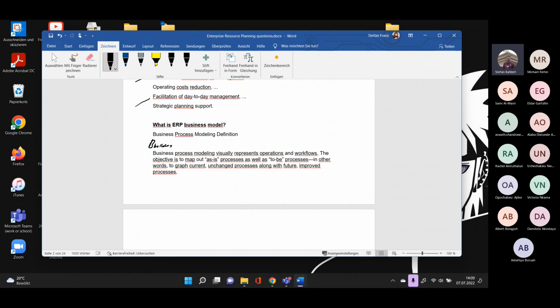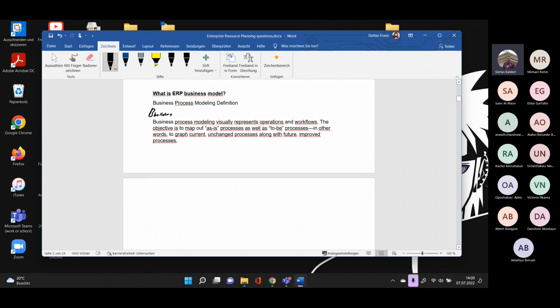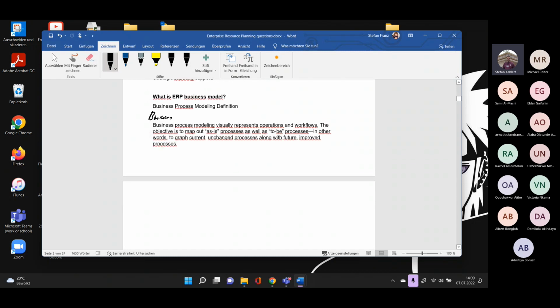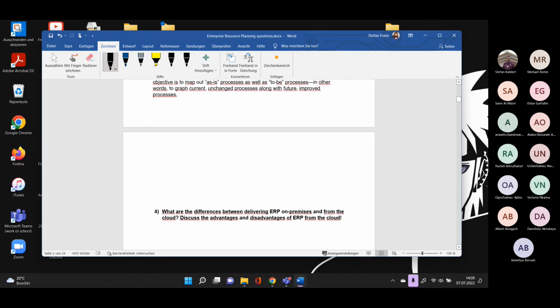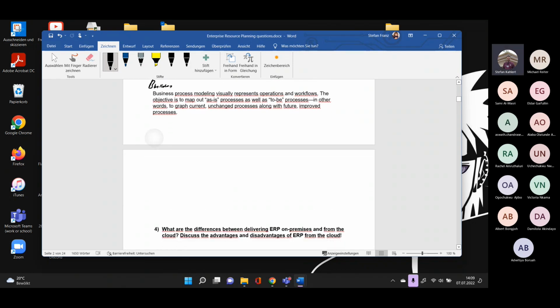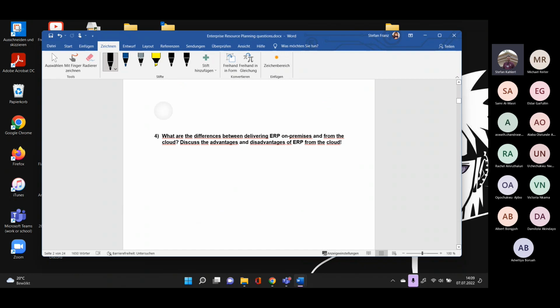Business process availability, operation workflow, map out as-is process as well as to-be processes, in other words. So it's everything about the process, right? But to understand process, you have to do workshops. What are the on this one, on premise, you have to buy server, compute, hardware, and network and storage.